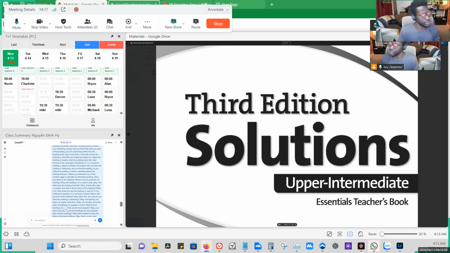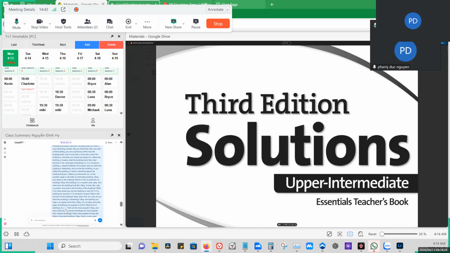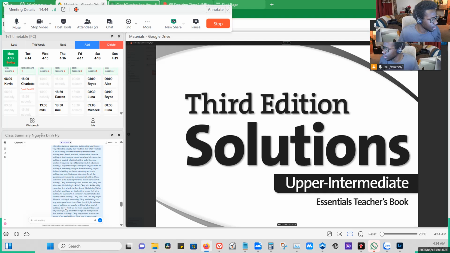Okay, it's just going to take a second. I think this is the book that we used instead. I just want to make sure it's the right one first before we get into it. The teacher book. Can you find the student book? Yes. Let's see.